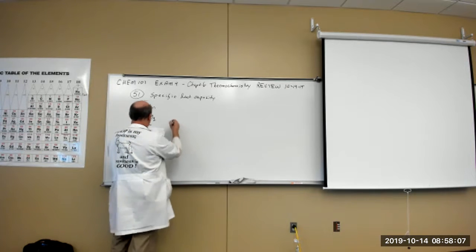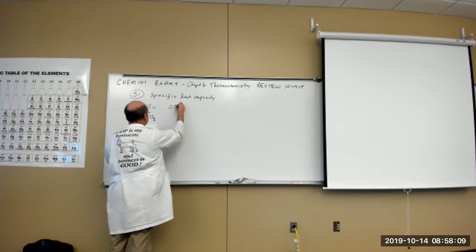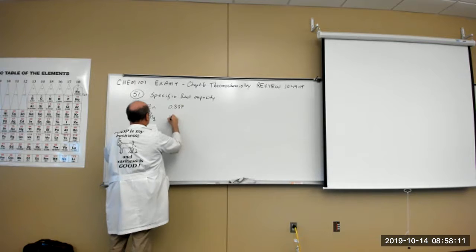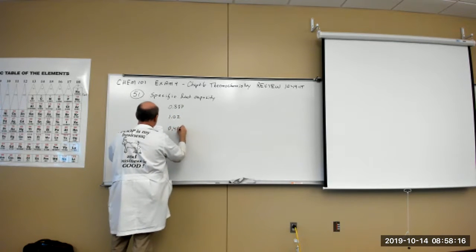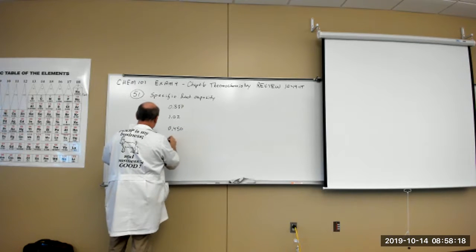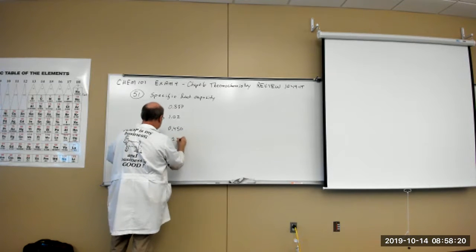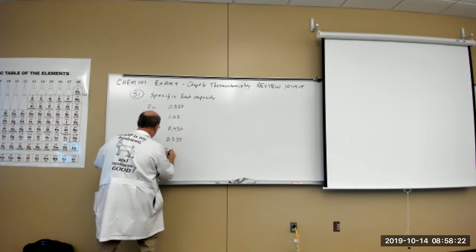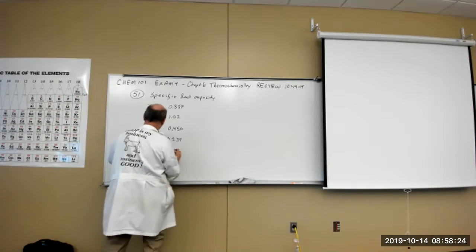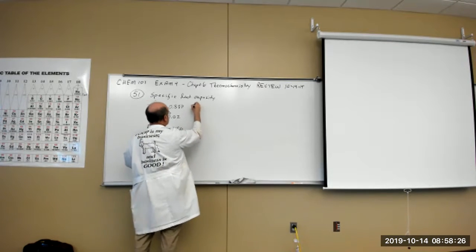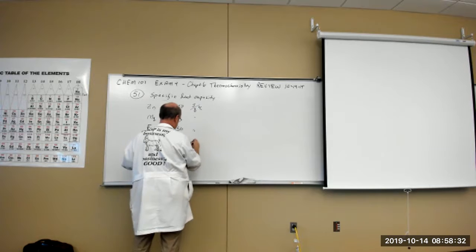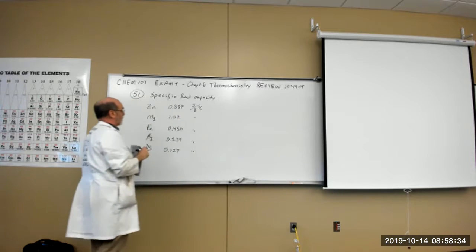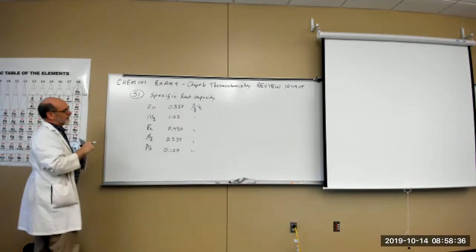And the values are 0.387, 1.02, 0.237, 0.127. And the units here are joules per gram degree centigrade for each one of them. Okay, so we can compare apples to apples.